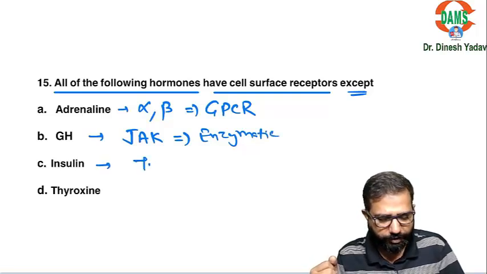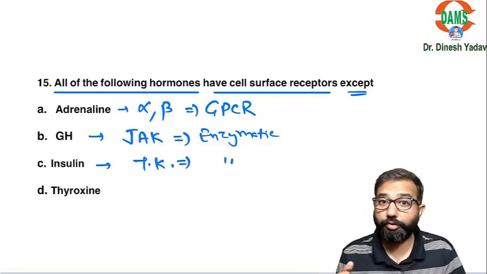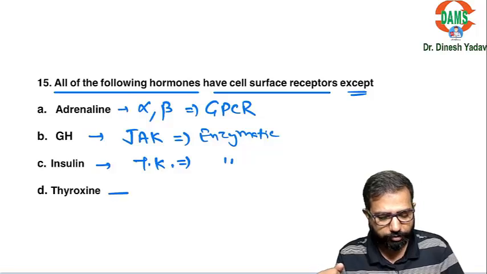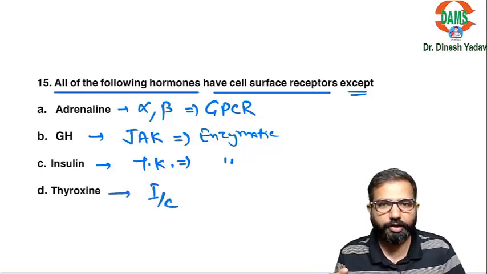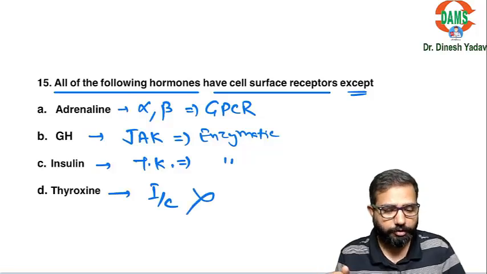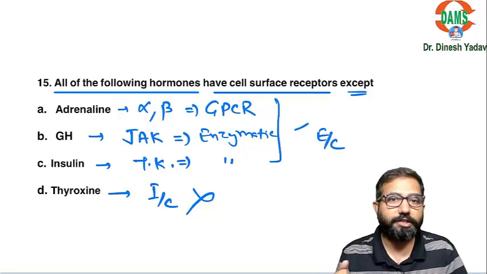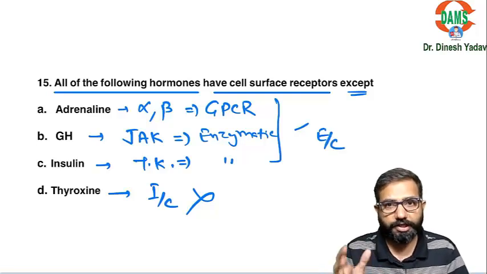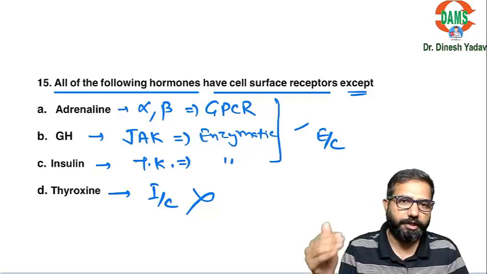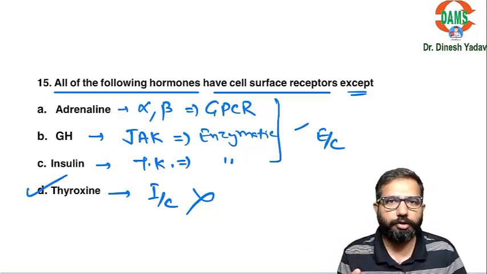Insulin acts via the tyrosine kinase receptor, that is also enzymatic, so that is also not intracellular. Thyroxine acts via an intracellular nuclear receptor, so it is not on the cell surface. The rest are extracellular, meaning they are on the cell surface. Out of these, thyroxine is intracellular, not outside.